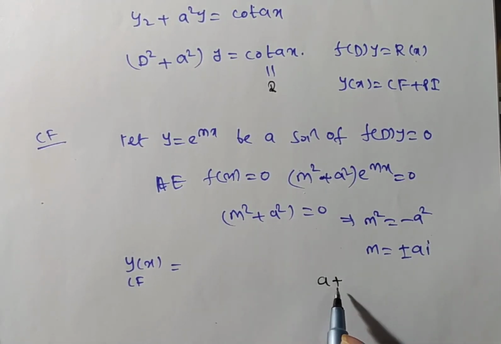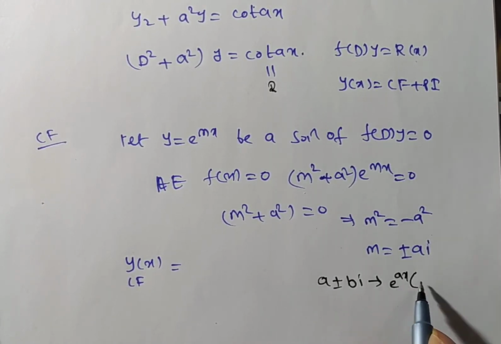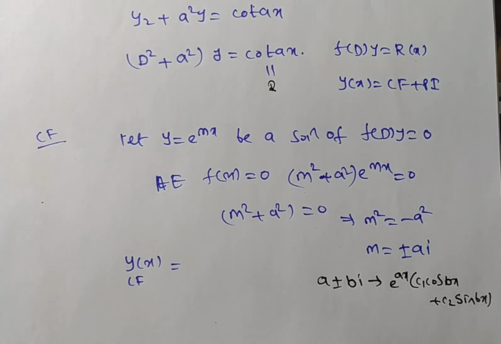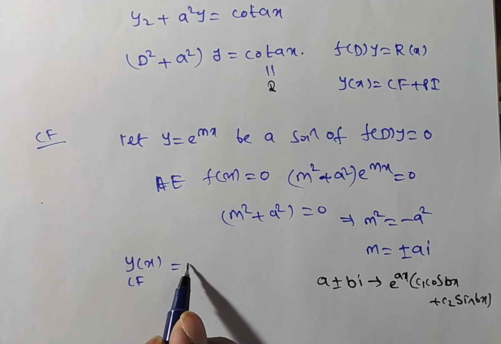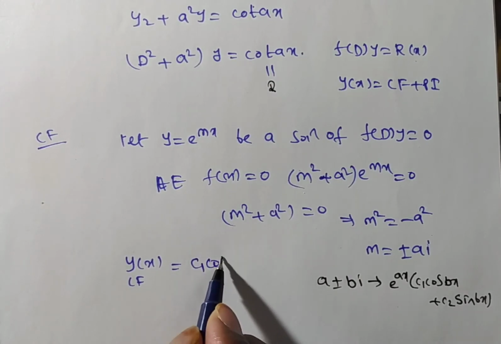Whenever the roots are complex numbers α ± βi, then the complementary function is e^(αx)(c1 cos βx + c2 sin βx). What is the real part here? 0, so α = 0. The imaginary part is β, which here is a. So we will replace. Then the complementary function is e^(0x), which I am not writing because e^(0x) is 1, into c1 cos bx.